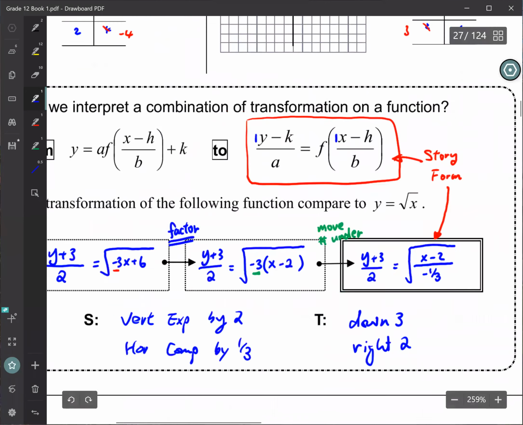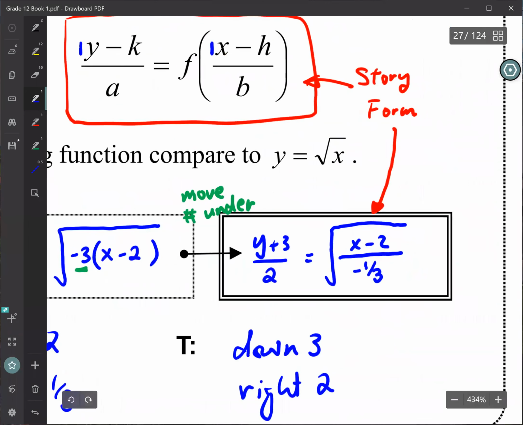It has to be y plus or minus something over a number, and then x plus or minus something over a number. It has to reach that form.